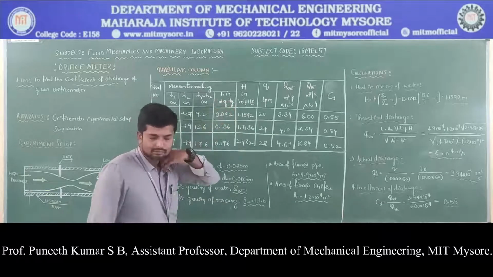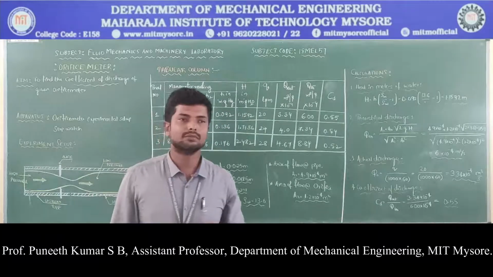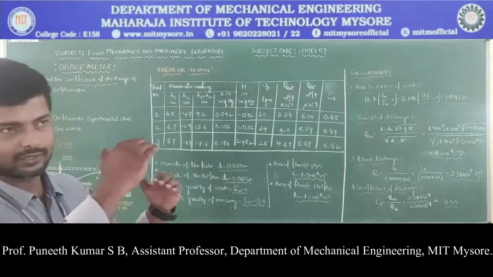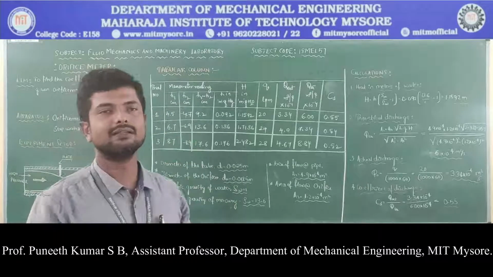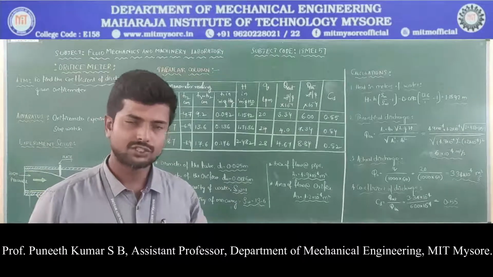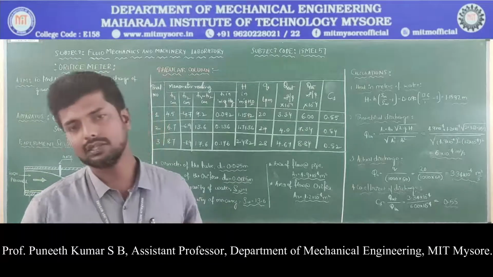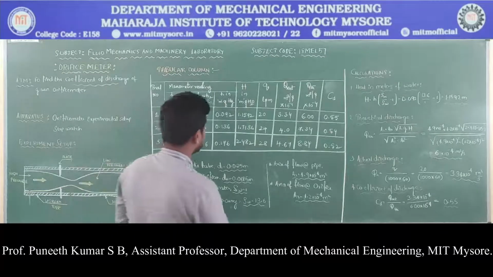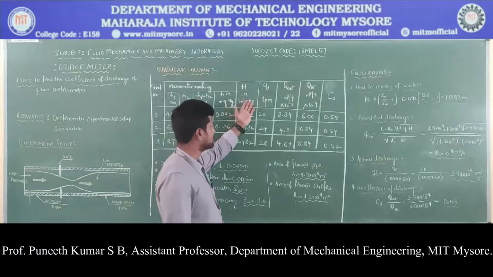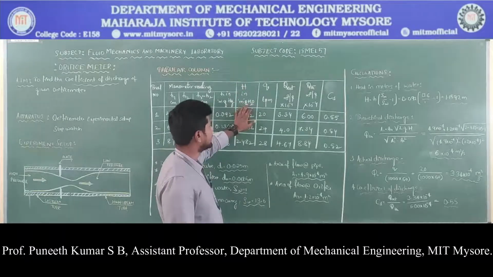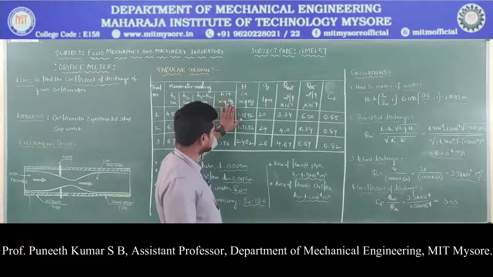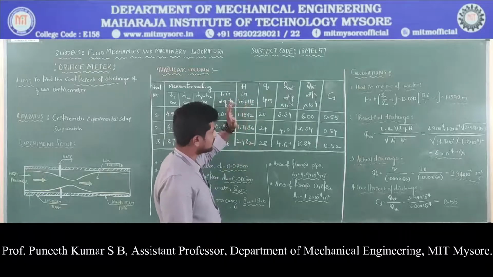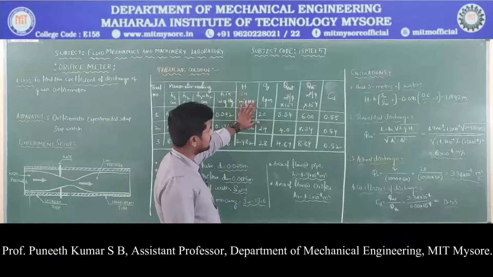Since it is a mercury-filled U-tube manometer, the difference of head is shown in mm of Hg or centimeters of Hg. It now has to be converted into mm of water or meters of water. So we have converted from mercury into water.